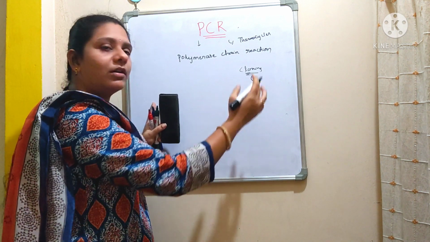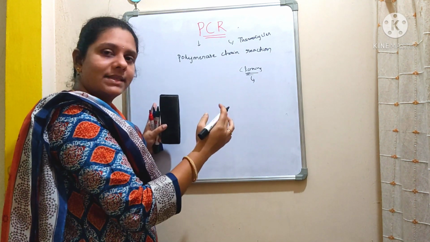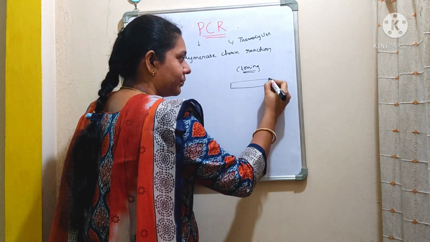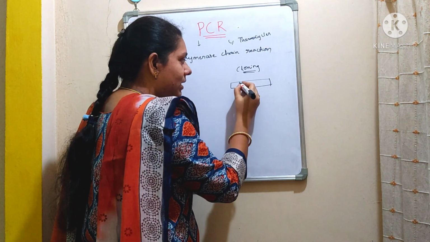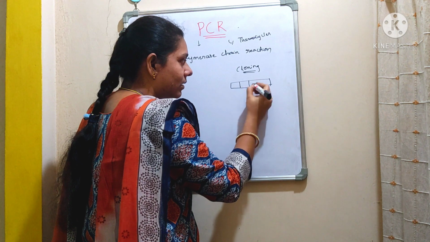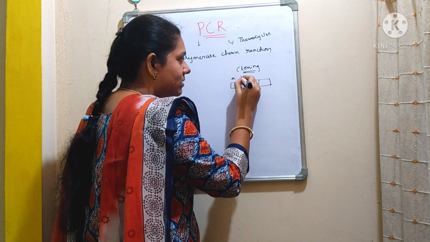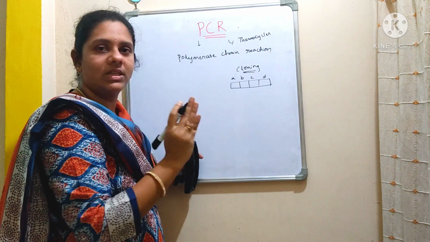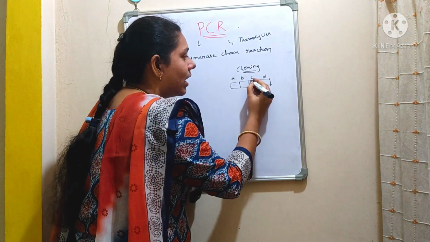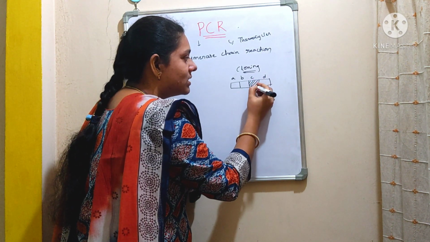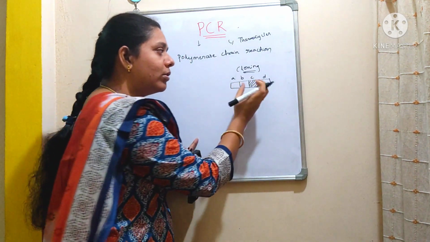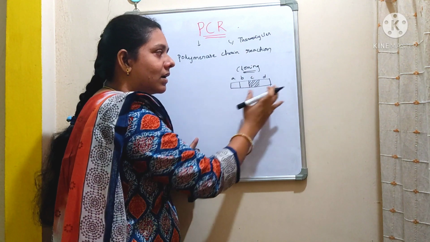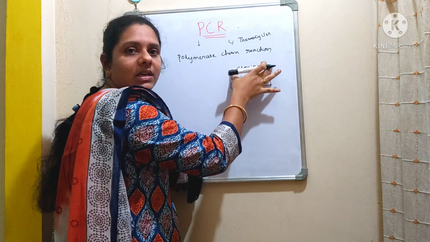In this method of gene cloning, for example, this is the DNA, and here we have gene A, gene B, gene C and gene T. We have 4 genes here, for example, and you are interested in gene C and you want to make multiple copies of this gene C by utilizing a method called gene cloning.